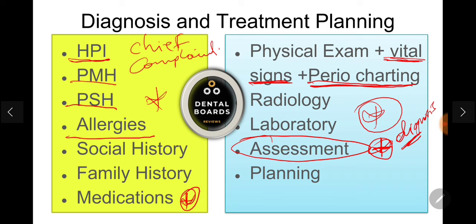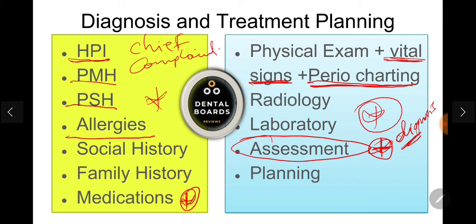For example, if you see a lesion, you can say that lesion looks like lichen planus, but you are not sure. Visually, you can see it, but a definitive diagnosis is going to come from histology, so you have to do a biopsy on it. All right.